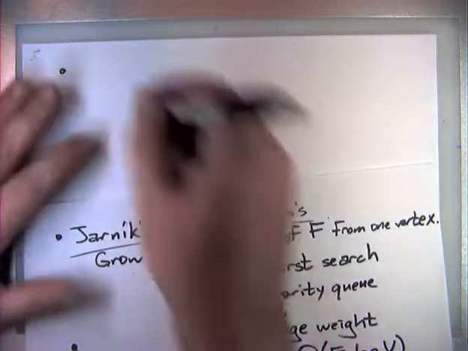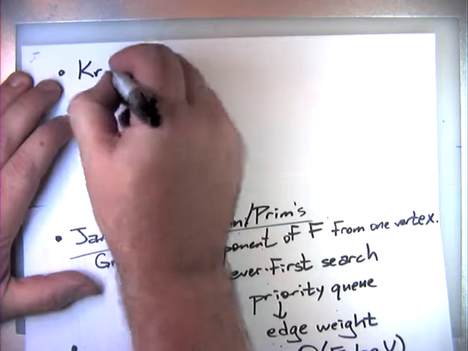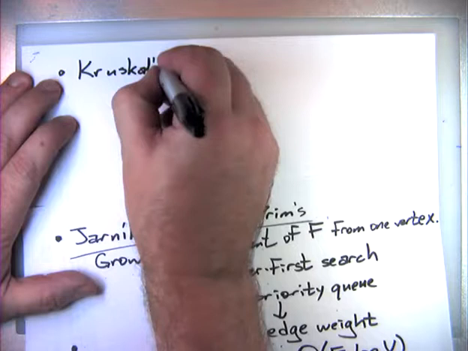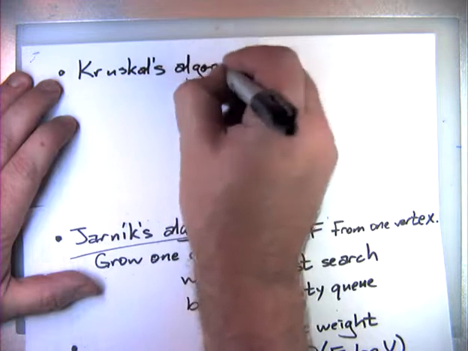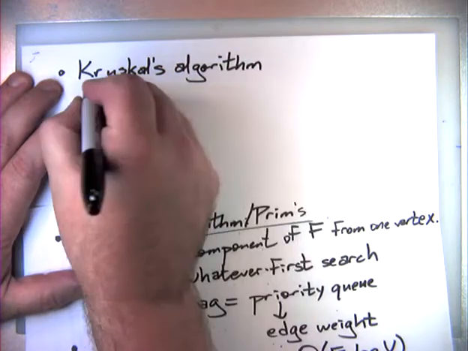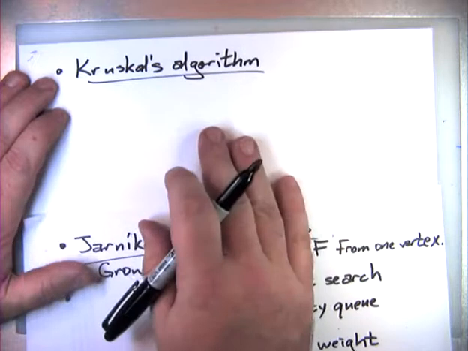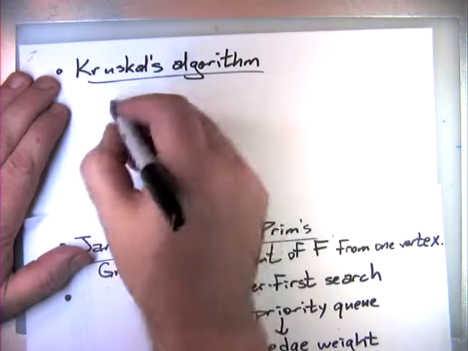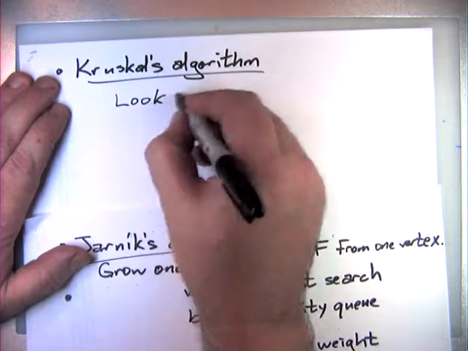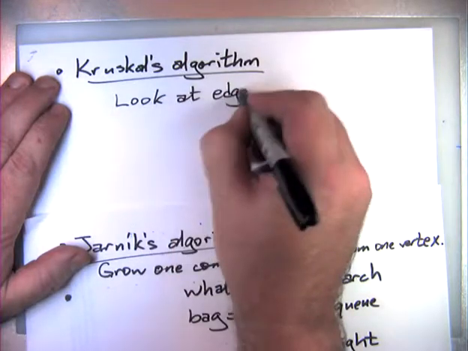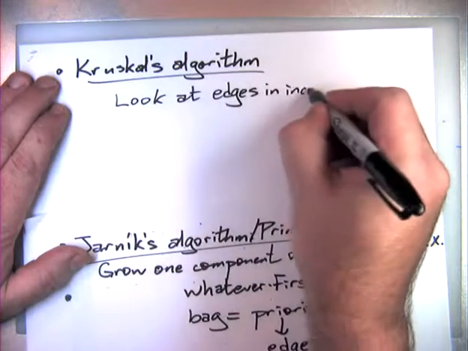Okay, so where we're headed here is Kruskal's algorithm, which is probably the one that you implemented, if you've implemented one of these. Look at the edges in increasing order of weight.